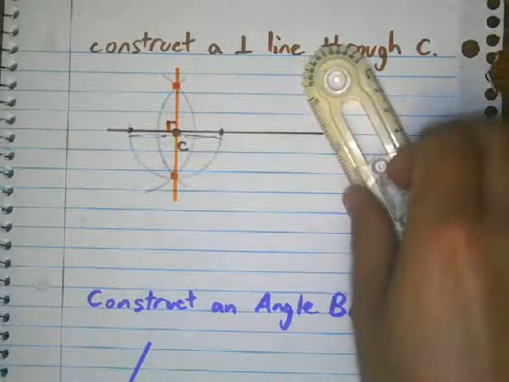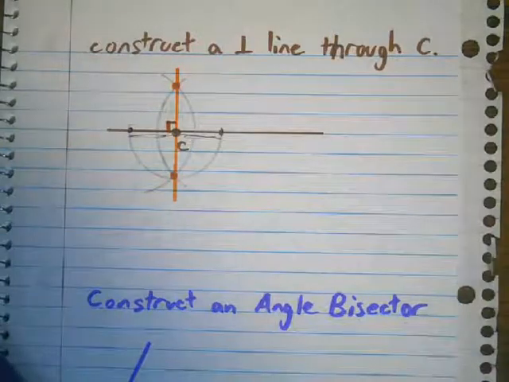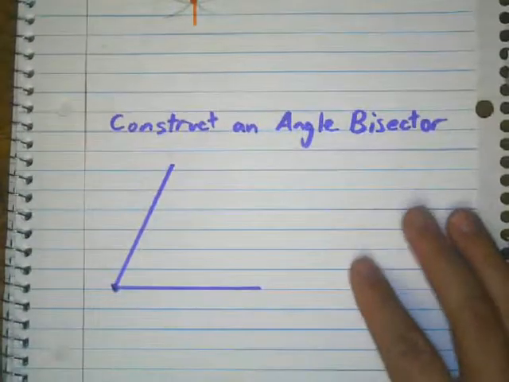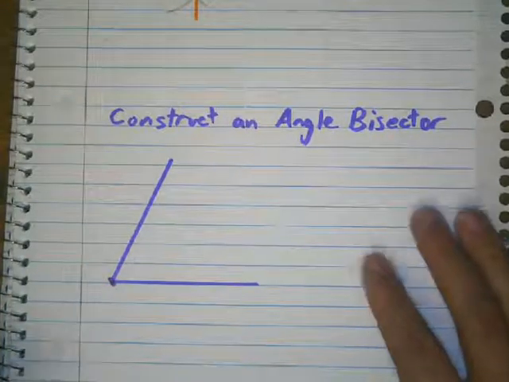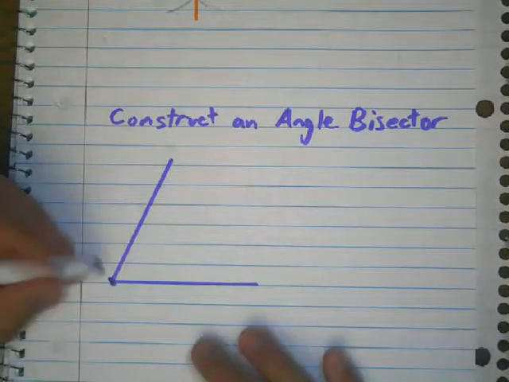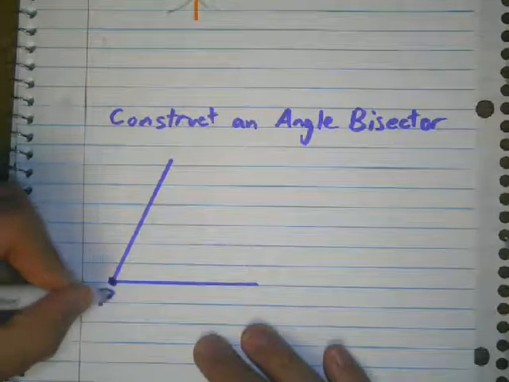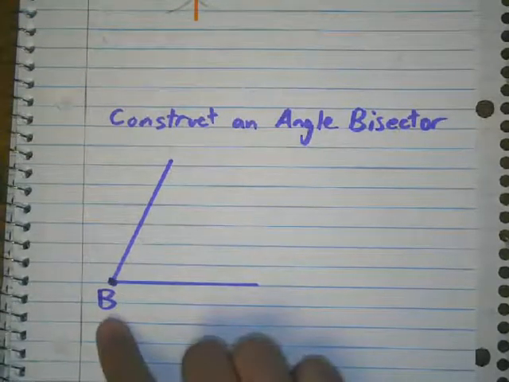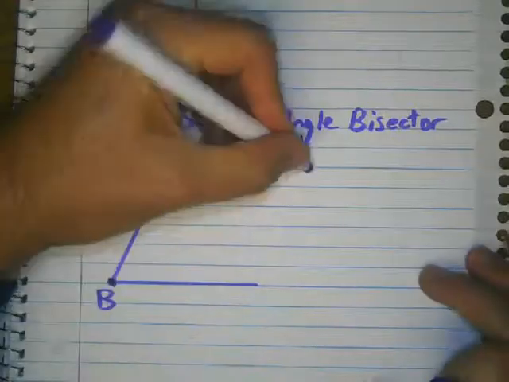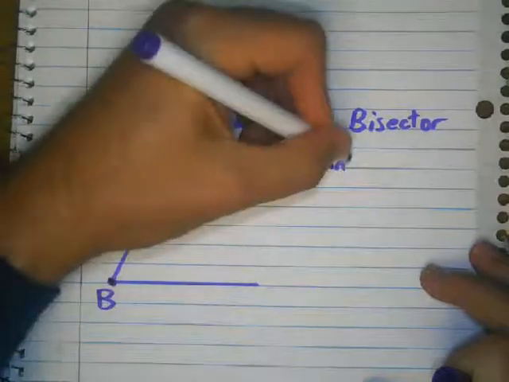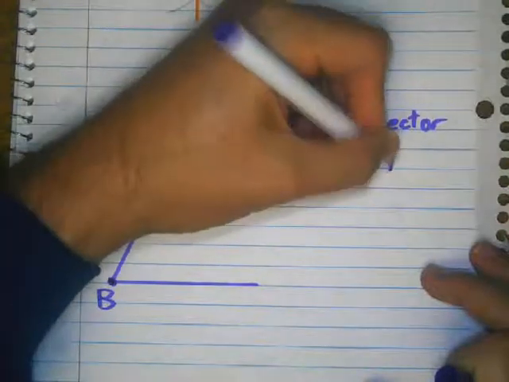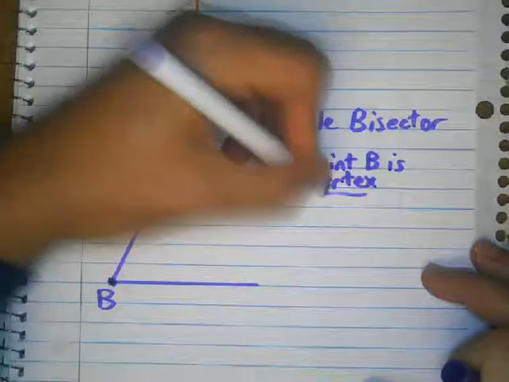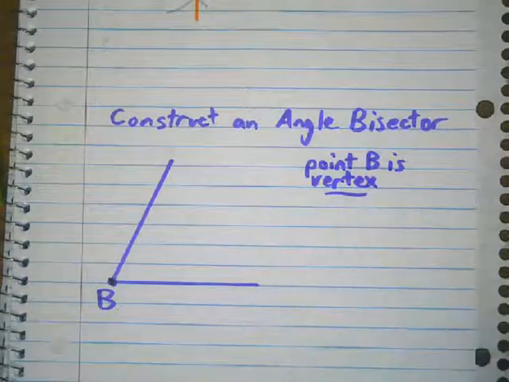Okay, and the next thing we are going to do is construct an angle bisector. So I'm going to call this point right there B, and this is the center of the angle, and we can say that point B is the vertex, which is where the angle starts.